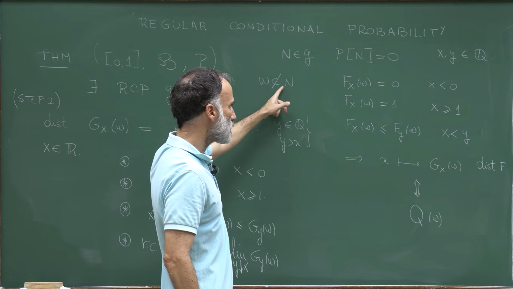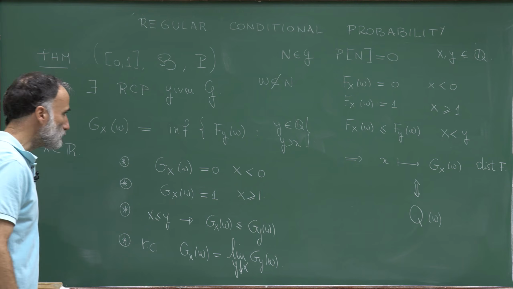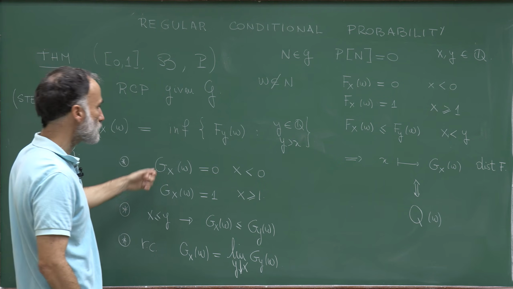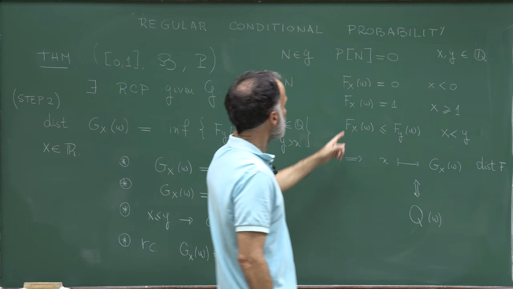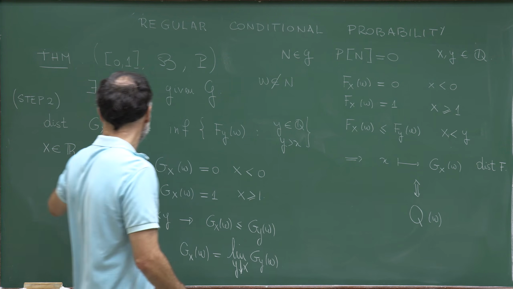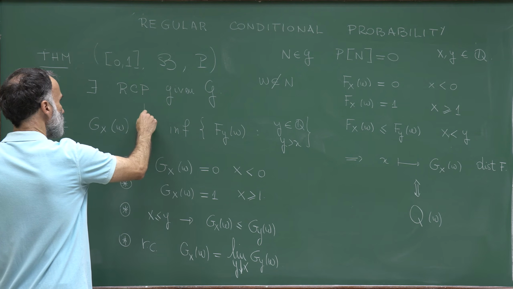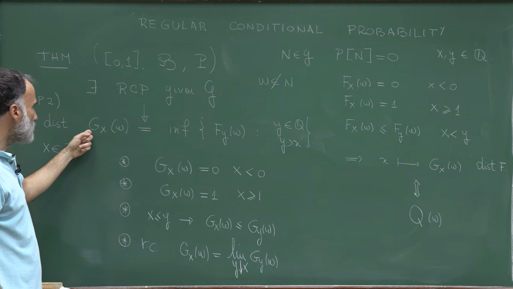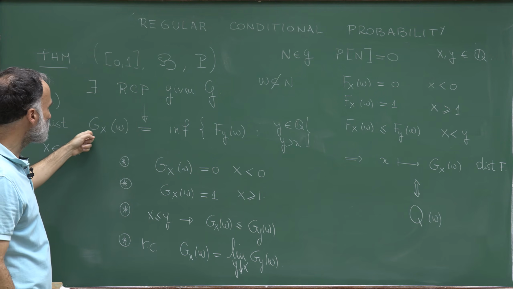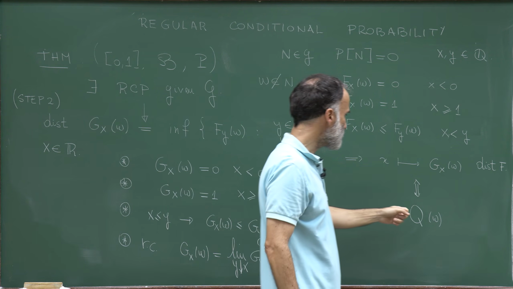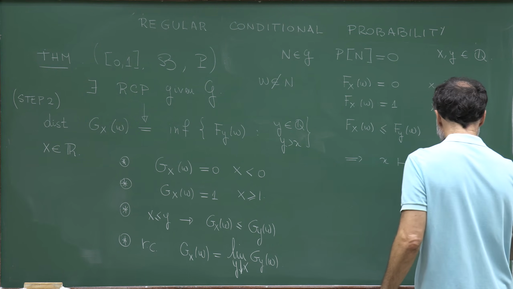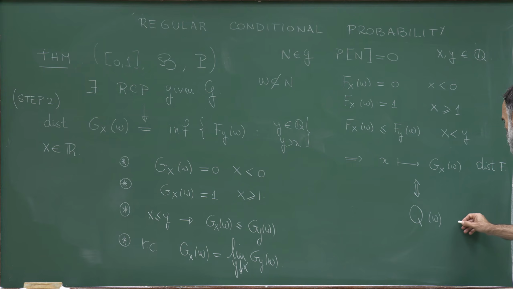We started from a point in the complement of N, and we constructed a distribution function by this equation. So we define this function, we prove that it's a distribution function, and since it's a distribution function, there is a measure associated to it, Q, and so Q(ω) is the measure on [0,1] with the Borel sigma algebra, which is associated to this distribution function g.